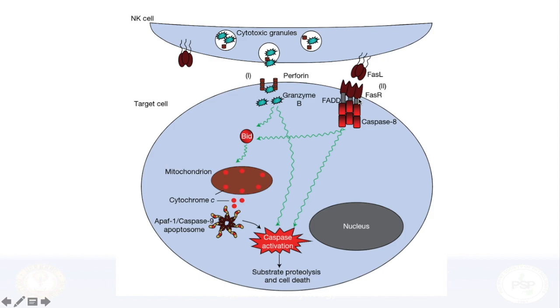Now the Fas receptor is located on the target cell or on infected cells, so this would be expressed if a cell is injured or infected. Once this is activated, it will result in a cascade of events resulting in caspase activation. You will learn more of this in pathology. Just remember that when we activate our caspases, it will ultimately result in apoptosis or cell death, programmed cell death.